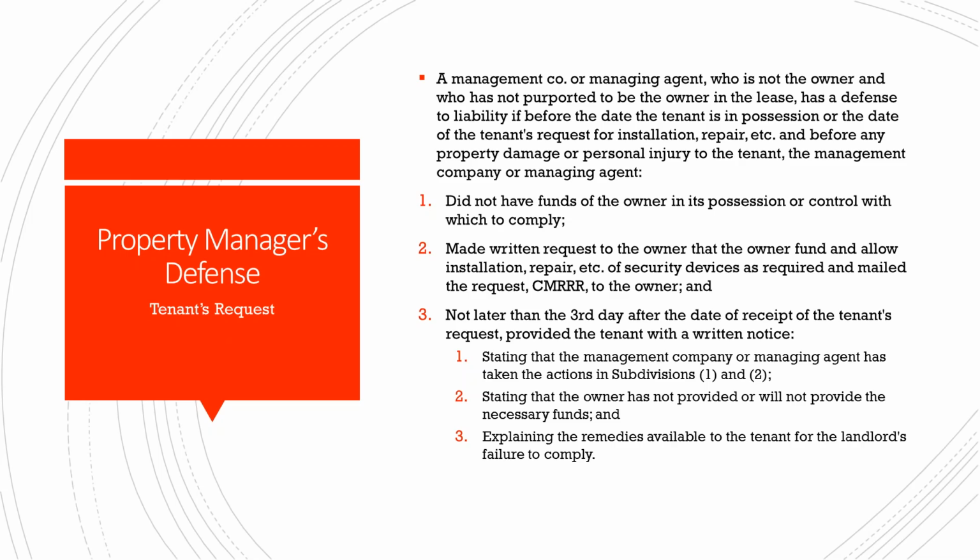And then third, not later than the third day after the date of receipt of the tenant's request, provides the tenant with a written notice stating that the company or the agent has taken the actions identified in 1 and 2, stating that the owner has not provided or will not provide the necessary funds, and explaining the remedies available to the tenant for the landlord's failure to comply. And those remedies would be that the tenant can unilaterally terminate the lease or exercise other remedies under the security device subchapter, sections 92.164 and 92.165.